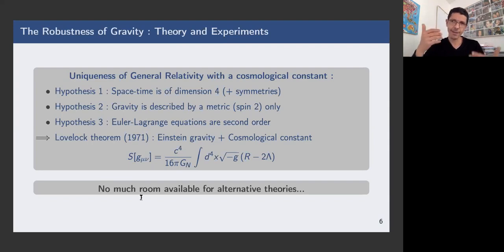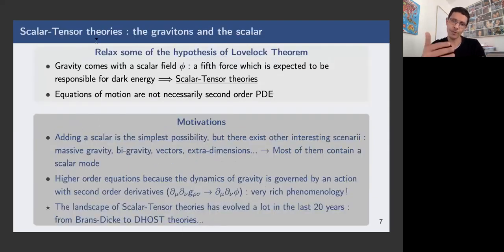And then the idea to modify relativity is to relax one of these hypotheses. So what I would like to do now is to talk about scalar tensor theories, where we relax mainly the hypothesis that gravity is described in terms of a metric only.